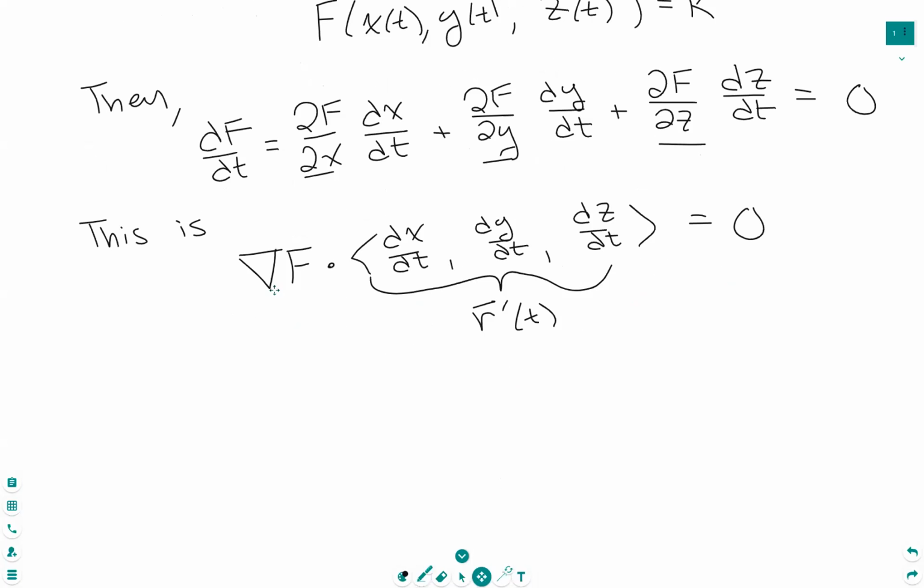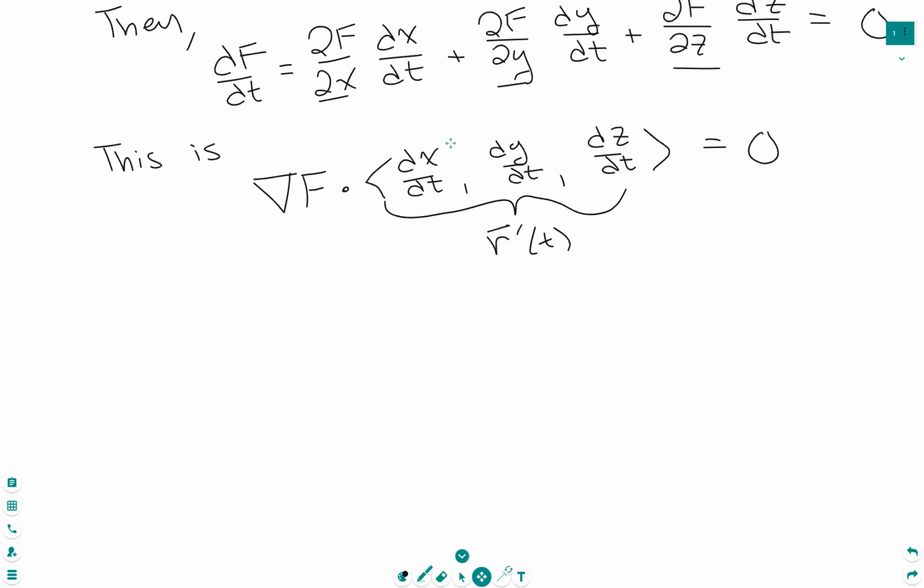So now we have the gradient of this capital F dotted with this derivative function, and we know that this is equal to 0, in particular when t is equal to t naught.